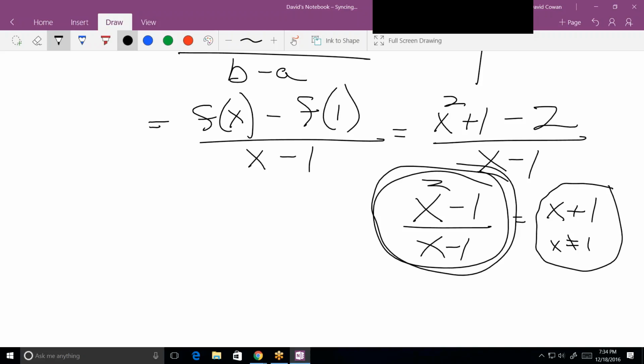Then that becomes 2 if x is 1. But it's not okay to divide by 0, and in our original function, we were dividing by x minus 1. So you have to carry forth the domain restriction. So I would say that's your answer. If you put just x plus 1 without this, you might lose a point. Depends on your teacher, probably.